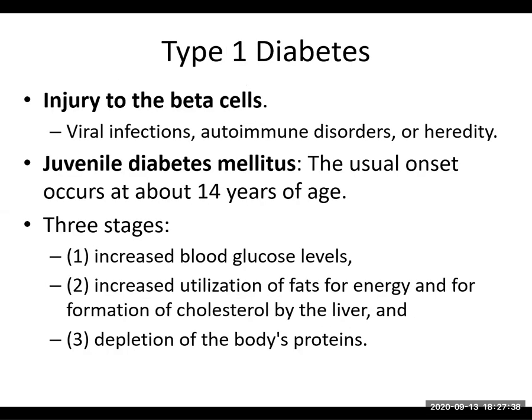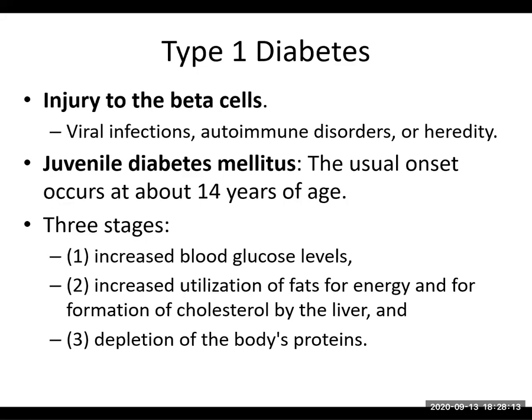Type 1 is damage to the beta cells. This usually happens to the younger generation. Patients continuously have this beta cell damage, and we don't know until it becomes obvious, because the cells are continuously lost, but our body can still handle it.